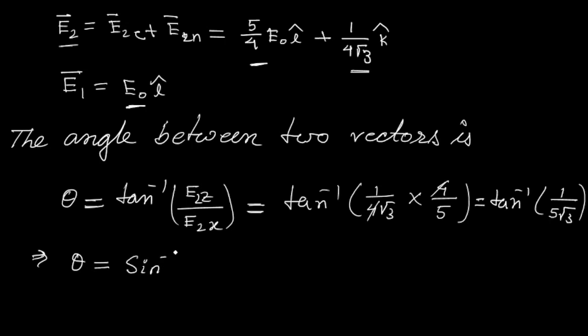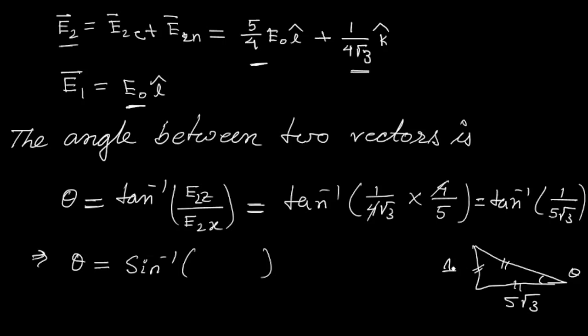If we want to write this in sine inverse, we can simply draw a triangle. If we consider this as theta, then the normal will be 1 and the base will be 5 root 3, because that is the definition of tan theta. We know the normal and the base, so we can calculate the hypotenuse.